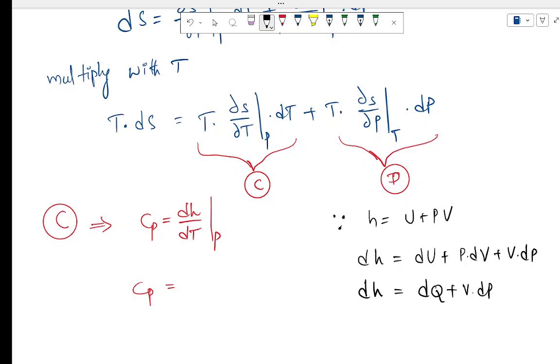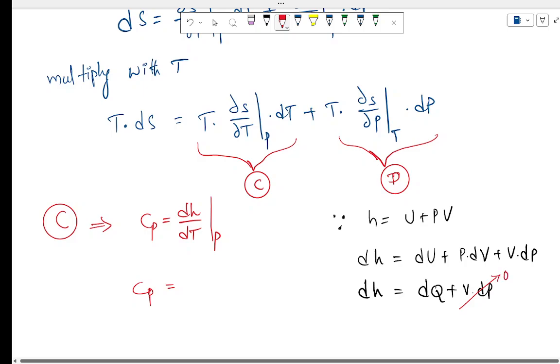This expression I have here, and in this expression I can make this as 0 because I am speaking about a constant pressure process here.